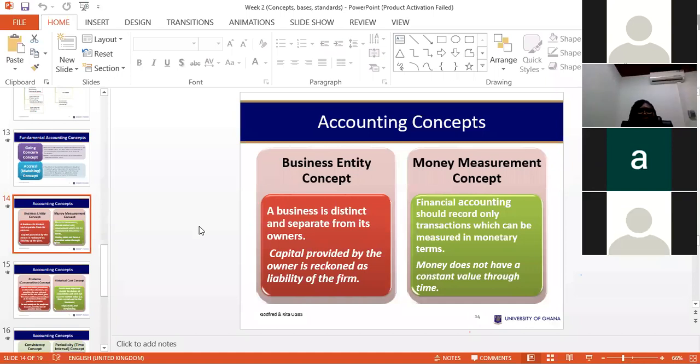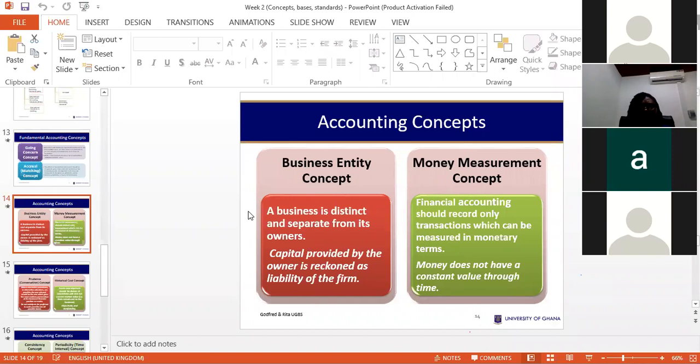Then we also have the business entity concept, and you would have to take note of this concept very critically. The business entity concept suggests that the business is separate from the people who manage or own it. The business entity is separate and distinct from the people who manage or own it. What does this mean?